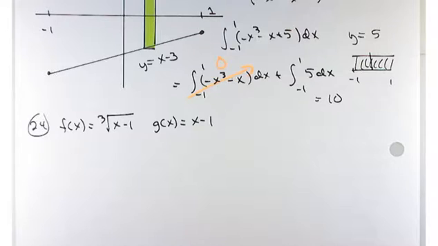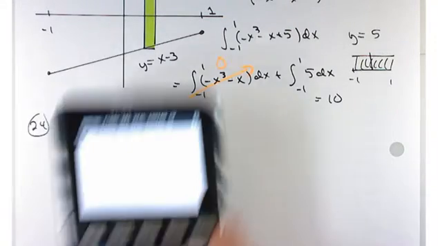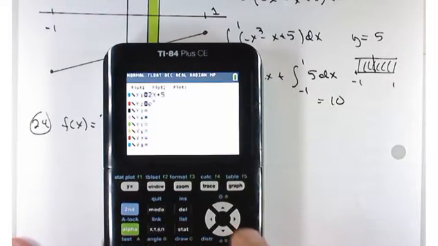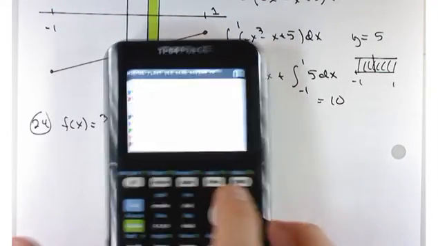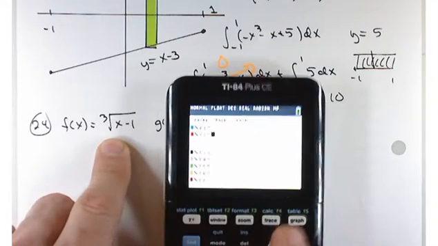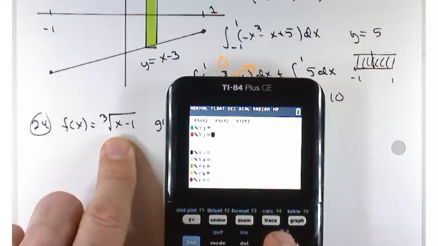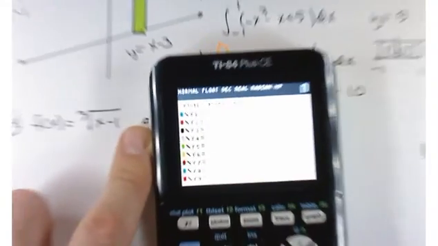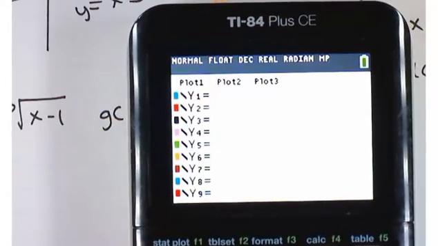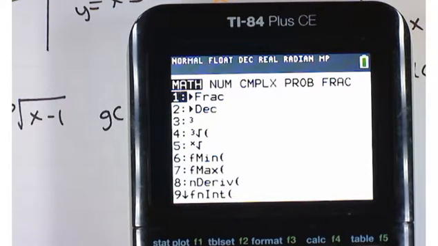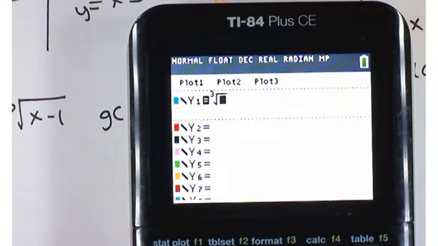Probably a good way to approach this is to graph this on your graphing calculator. So as a quick reminder, where would I find the cube root function? I mean, you could write x minus 1 to the 1/3 power, but let's just, yeah, math. So hit the math key. Fourth option down is the cube root. We want the cube root of x minus 1.